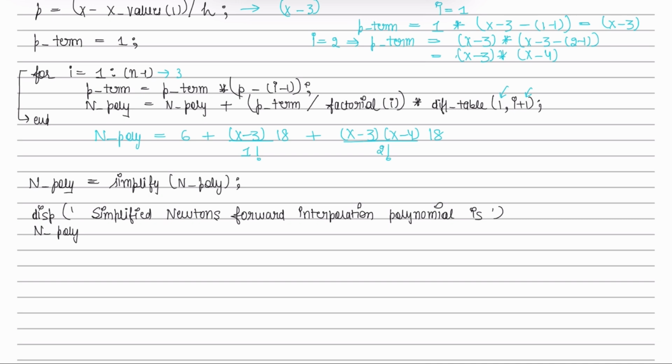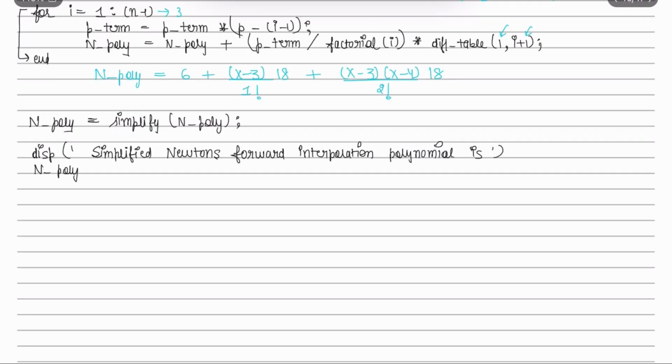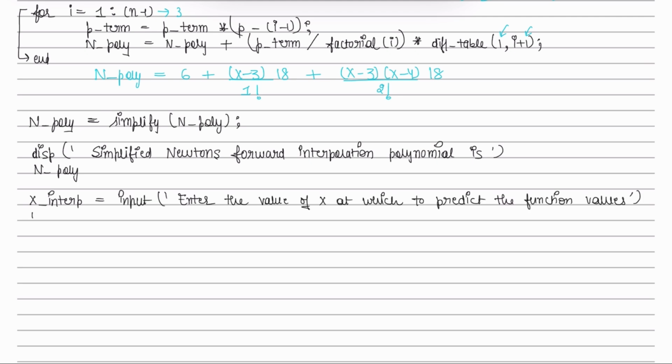Till now we have created our code to find the Newton's forward interpolating polynomial, and to find the value of that polynomial at some given point we can ask the user to enter the value where we want to interpolate, and find the corresponding value of y by substituting, using the SUBS inbuilt function, in the polynomial the corresponding variable and the variable value.